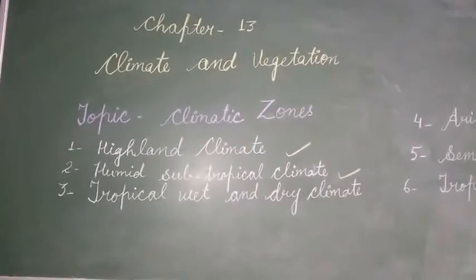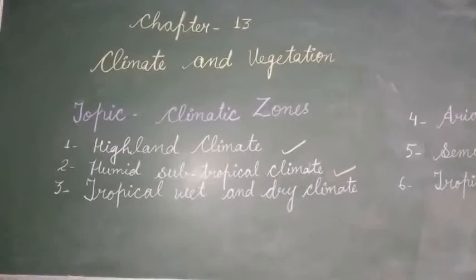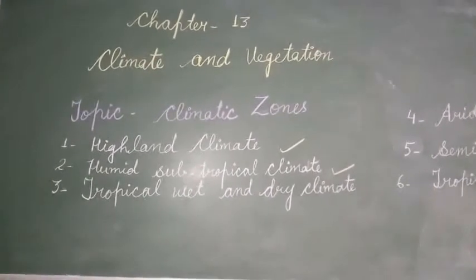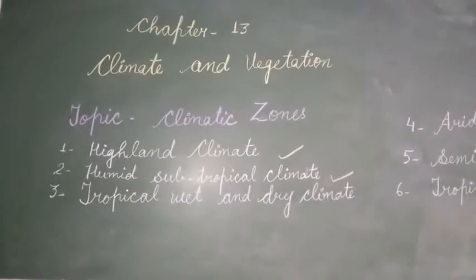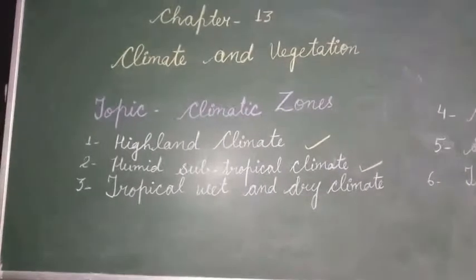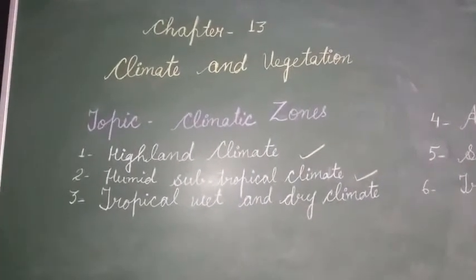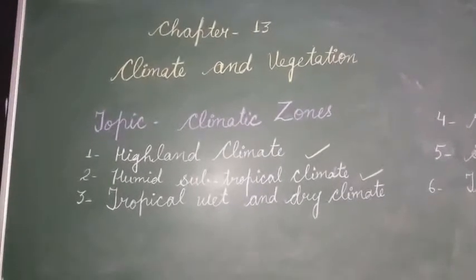Rajasthan, Punjab, Haryana, Uttar Pradesh, Bihar, northern part of West Bengal and many northeastern states have this type of climate. Means these are the states which experience humid subtropical climate.